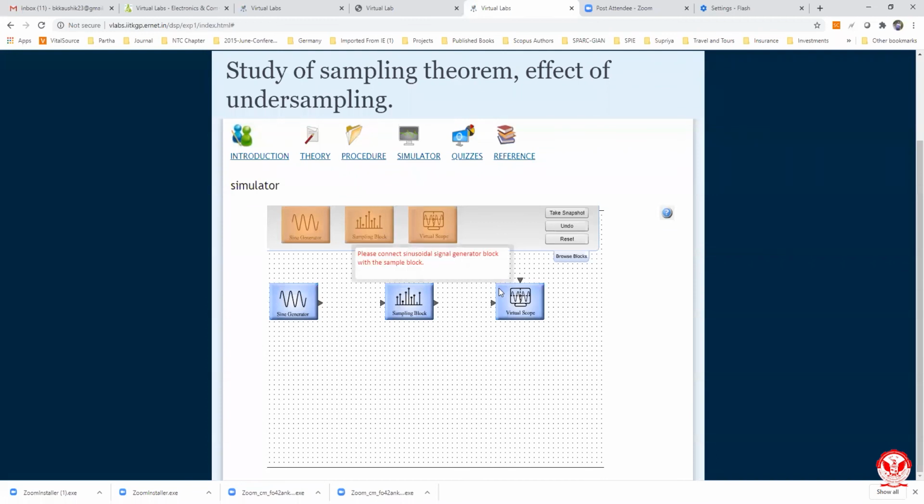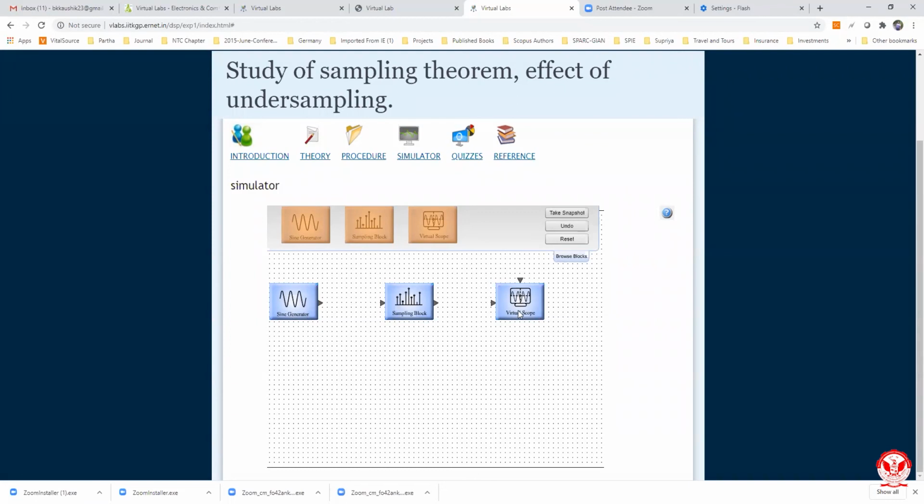Next, we have to connect all 3 blocks. We find all 3 blocks have some arrow type structures. Here, here, here. The virtual scope has 2. These arrow type structures are used for transmitting and receiving the signal. So we have to connect all 3 blocks as per our experiment.